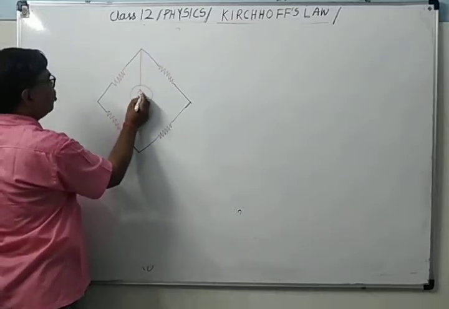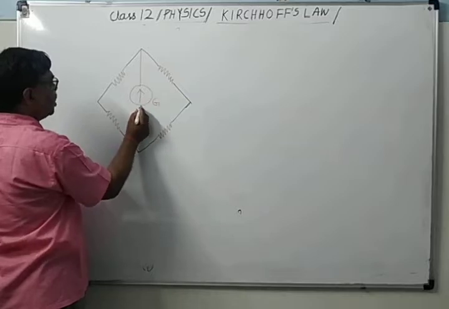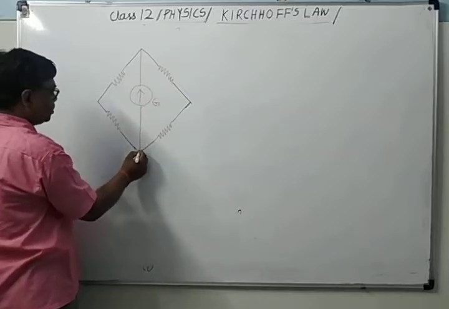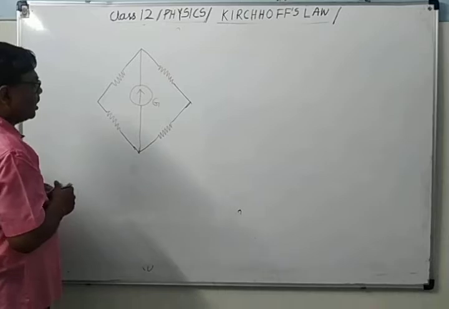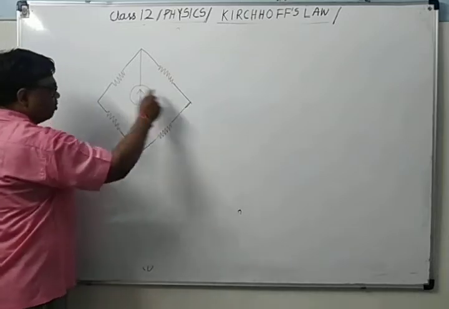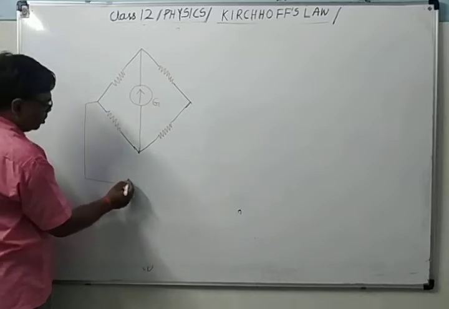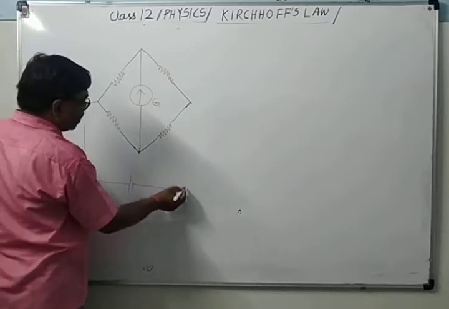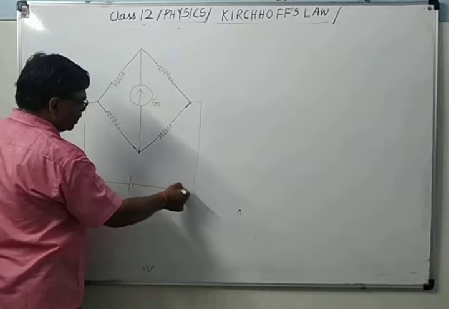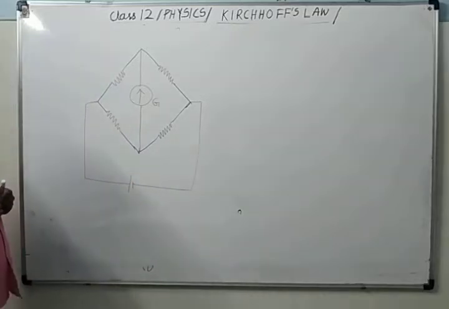Here it is a galvanometer, a central zero galvanometer. Across the other diagonal a source of current, a battery, is connected, which will send current into the bridge.